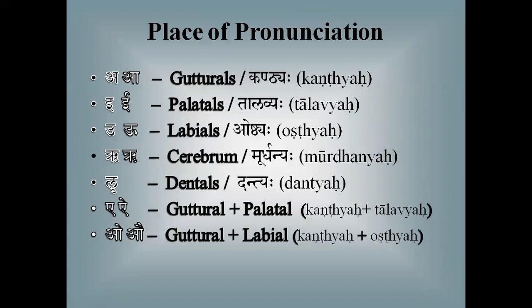And A and I, combination of Kantyaha plus Talavyaha. O and Au, combination of Kantyaha plus Oshtyaha. It is A, I. We should not say A, I. No short forms are available. A, I, O, Au. So it takes 2 units of time. Dirgha.